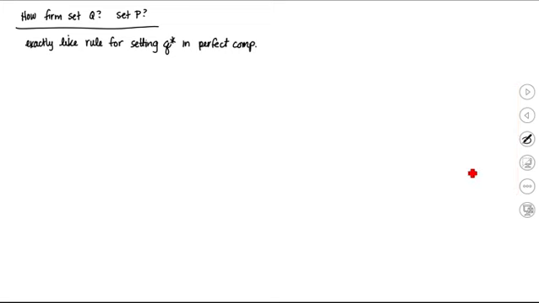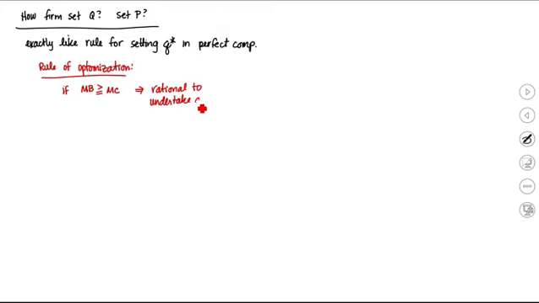Let's just remember that we've already mastered this, okay? So let's go back to the rule of optimization. And do you guys remember that rule of optimization from the very beginning of the semester, right? Marginal benefit, marginal cost. Remember that rule said if marginal benefit is greater or equal to marginal cost, then it's rational to undertake an activity. So as long as marginal benefit is greater or equal to marginal cost, it's rational to undertake an activity.